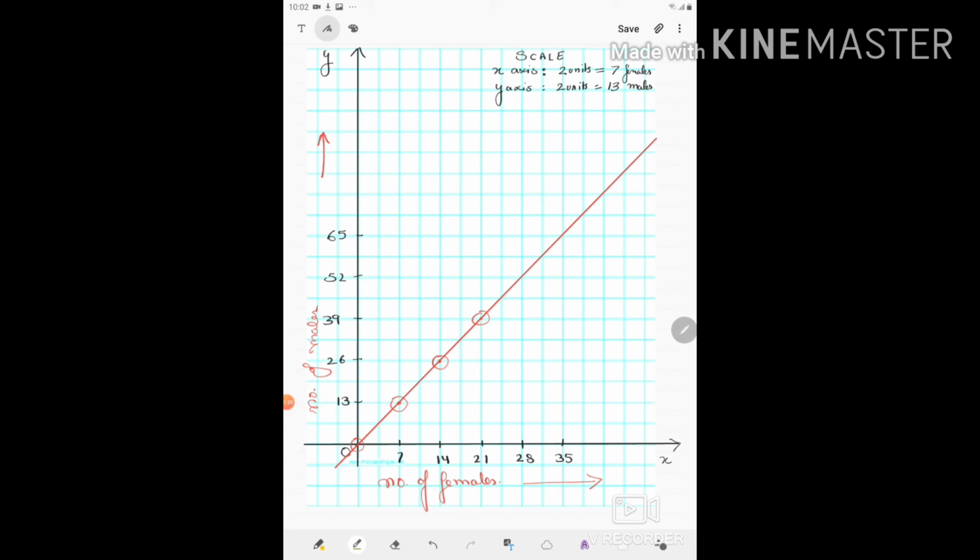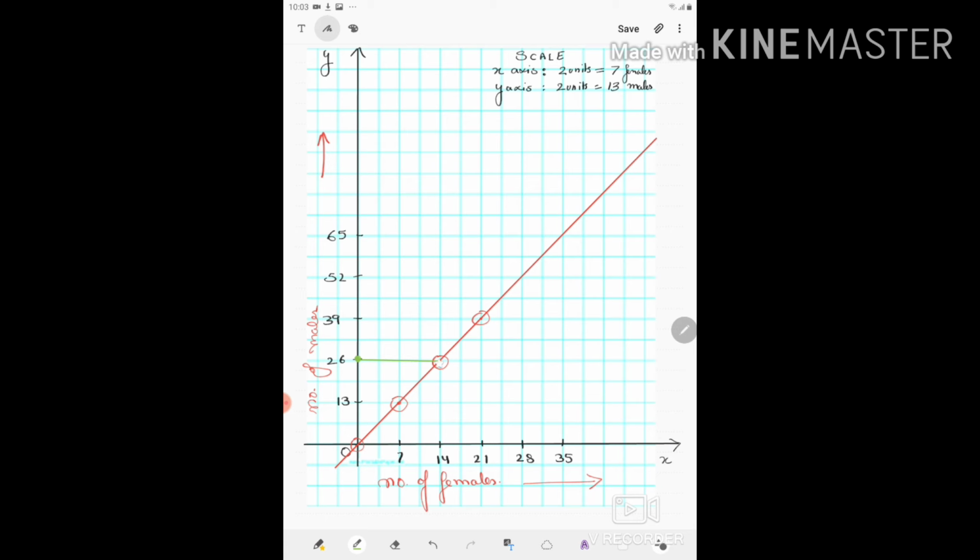Now looking for the number of males, 26, on the y-axis, here we will be drawing a line parallel to the x-axis like this till it touches the graph line.